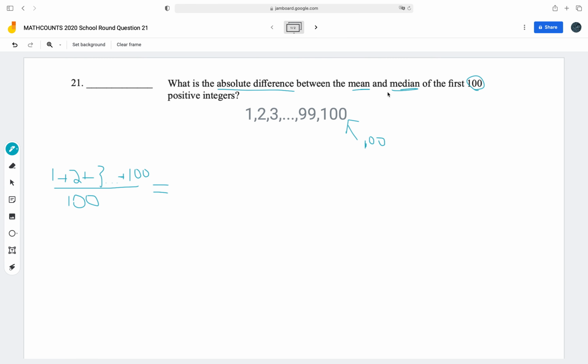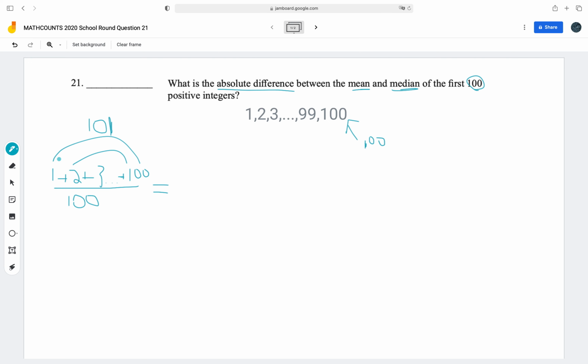So the formula to do this: if there are 100 terms, we add the first and last, 1 plus 100 equals 101, 2 plus 99 equals 101, 3 plus 98 equals 101. But each of these takes two numbers from the list, so 101 times 100 would be overcounting.